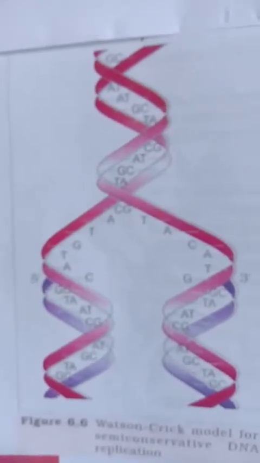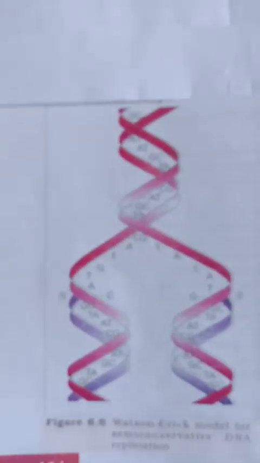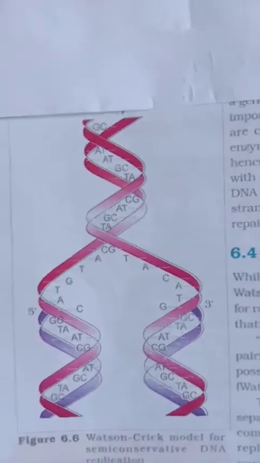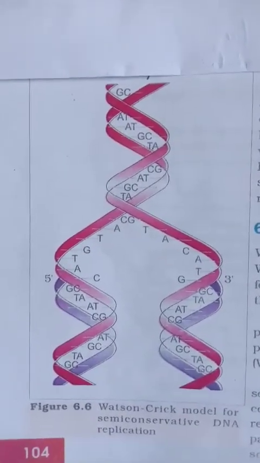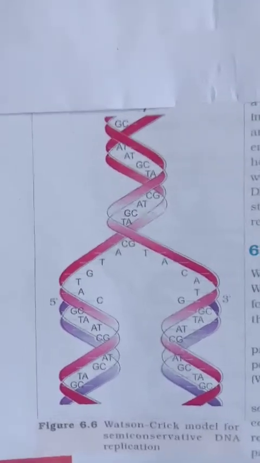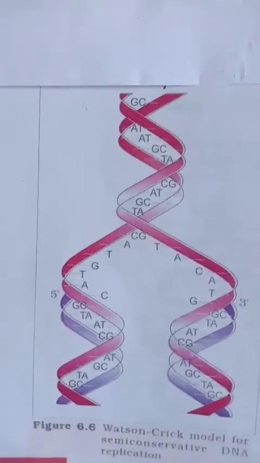And this is the view of the DNA getting replicated. DNA, as you know, is capable of producing its own replica. That means this DNA has the capability of producing a carbon copy.